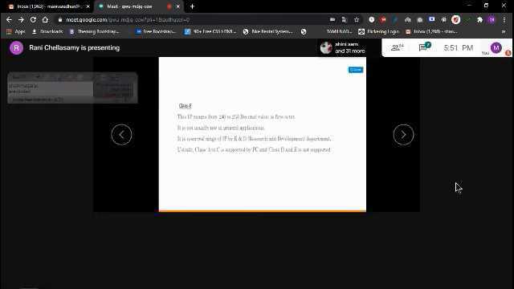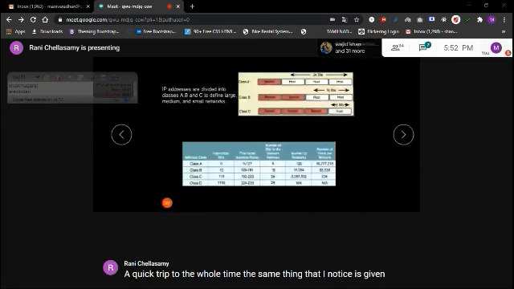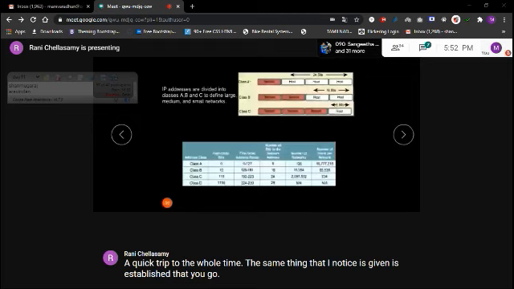For class B, 16 bits represent the network part, and the remaining 16 bits represent the host part. And for class C, 24 bits represent the network part, and 8 bits represent the host part. The same thing, the ranges are given in this tabulation, which you have already seen. Okay, so we will move on to the next slide.